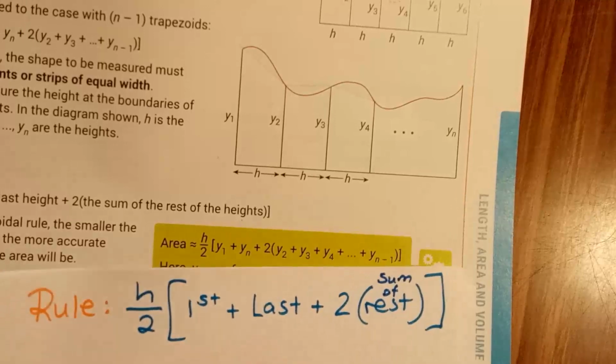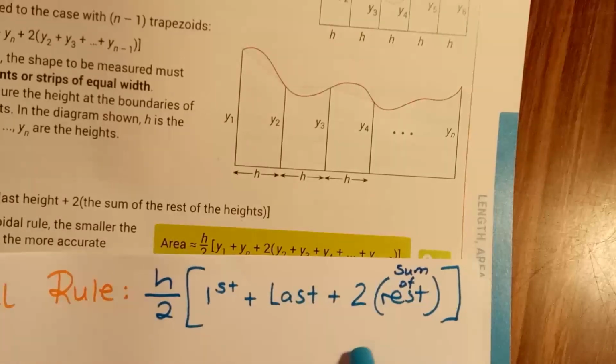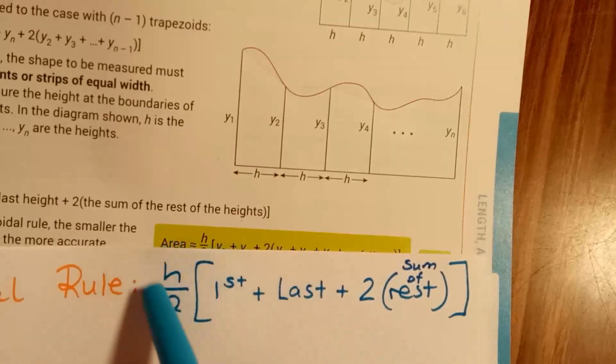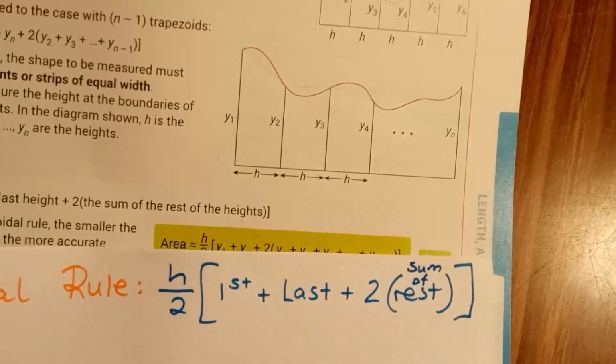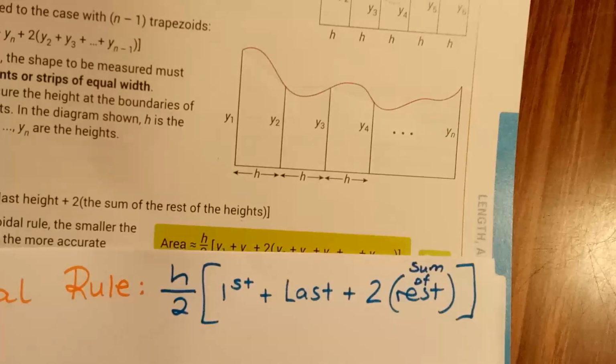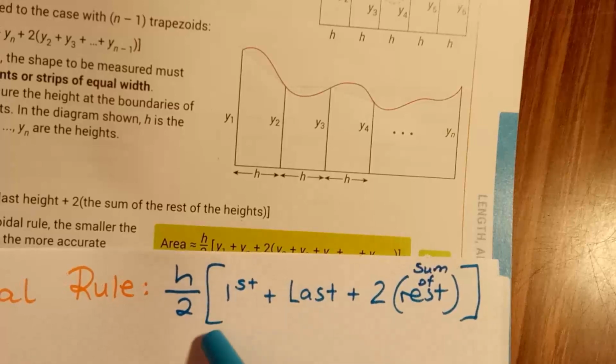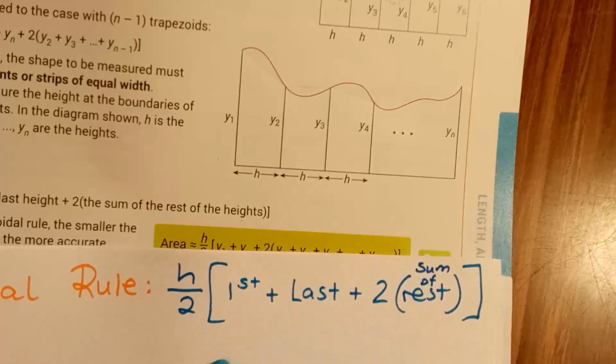They will have to give us all this information in the question, or sometimes they'll leave the H out, but they'll give you the area answer, and then you'll work on it to get the H. What you must be really careful of here, and it sounds such a simple mistake, but it happens all the time, is BOMDAS.